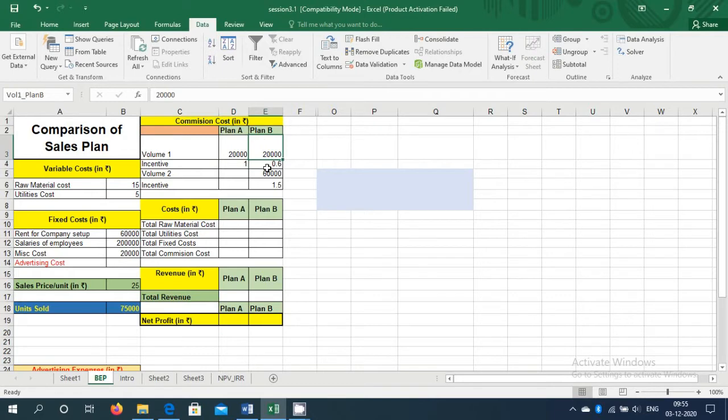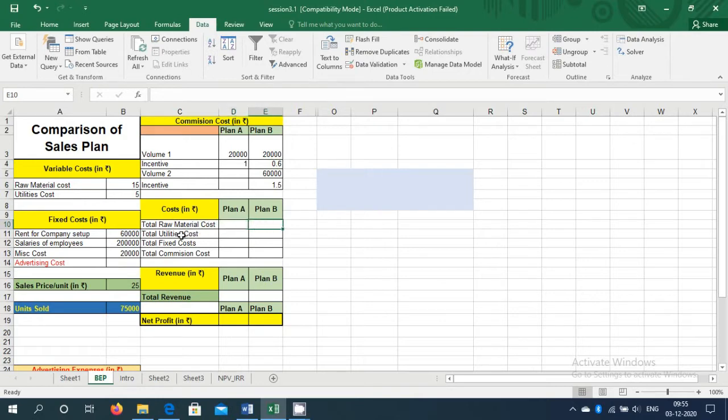After that, the incentive would be 60 paise per unit, till 60,000. When the volume becomes 60,000, the incentive becomes 1 rupee 50 paise.